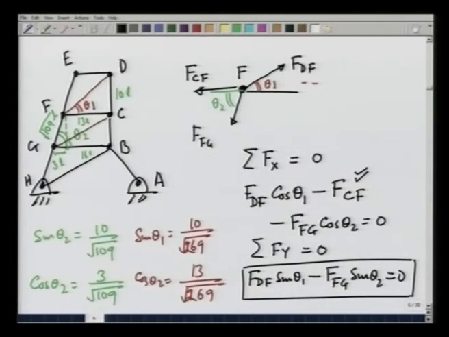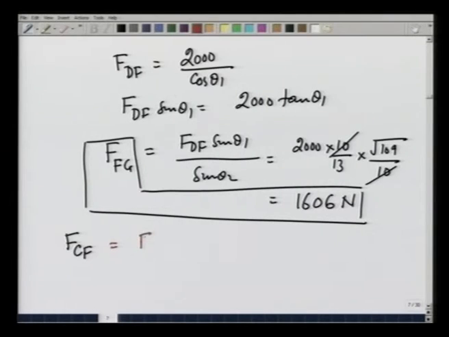If you look at this equation, it is Fdf cosine theta 1 with a minus sign plus Ffg cosine of theta 2. You plug in the numbers. Fdf cosine theta 1 we already know is 2000. So, this is, oh, did we get the numbers right, sign right? Let us check that.